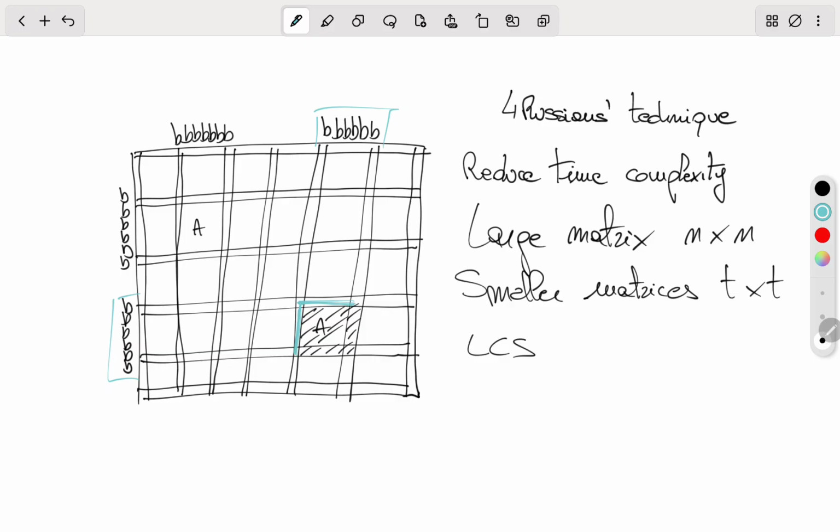Why? Because if first row and first column are the same, everything else, and that's a property of the recurrence equation that we have, will be exactly the same. I mean, the same characters are considered, the same numbers.